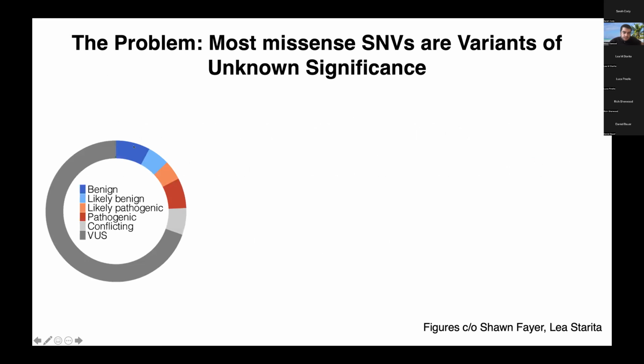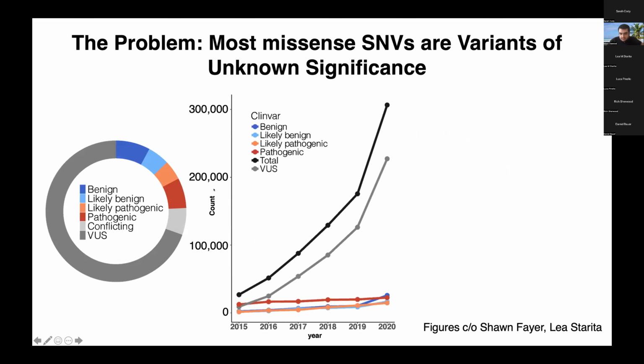As Leah showed you in the circle graph, the majority of these variants that represent the entirety of ClinVar here are VUS. As we've sequenced over the course of the last decade, the classical thinking was that as we do more and more sequencing, more and more of these VUS will resolve because we'll have more contextual information about benign versus pathogenic variants.